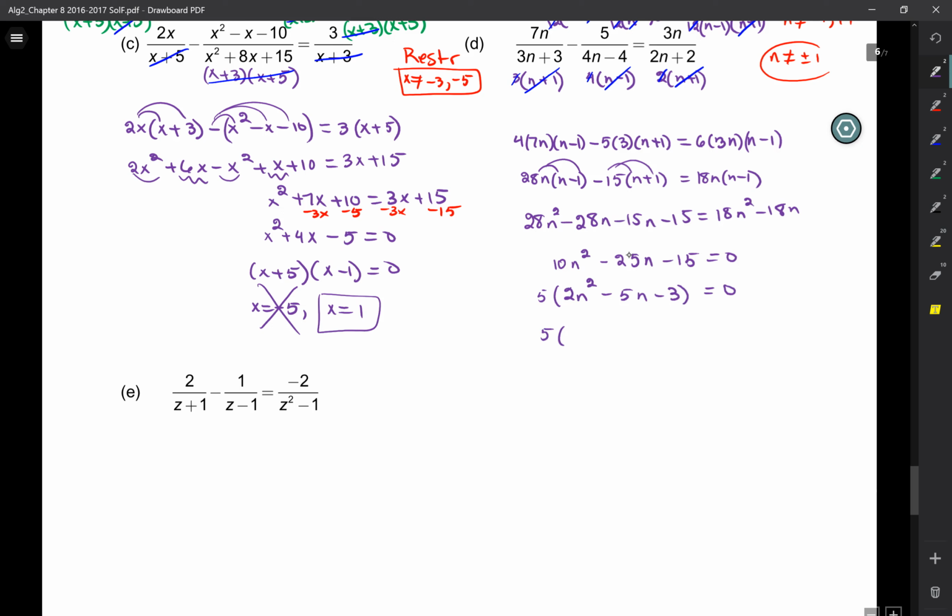And can we factor that further? Yes? So let's see. If we get a -3 here, we make a -6n here, plus 1n, that'll be a -5n. So n is -1/2 and 3.